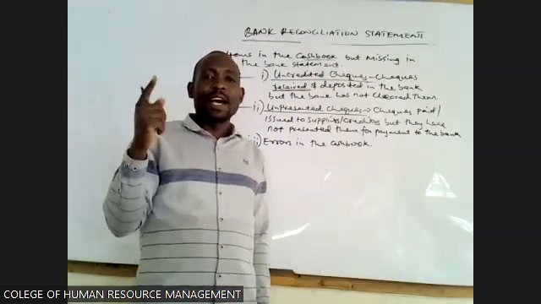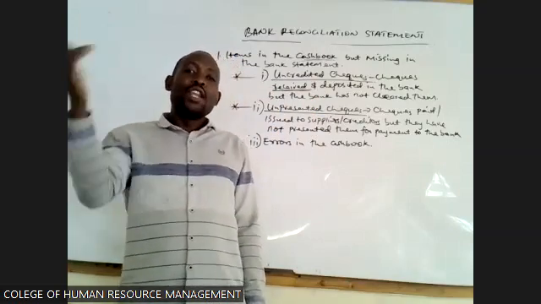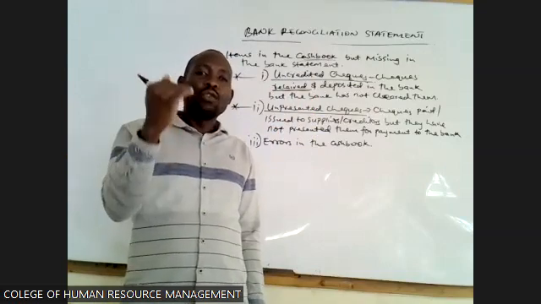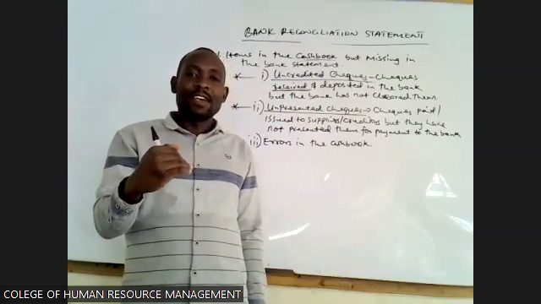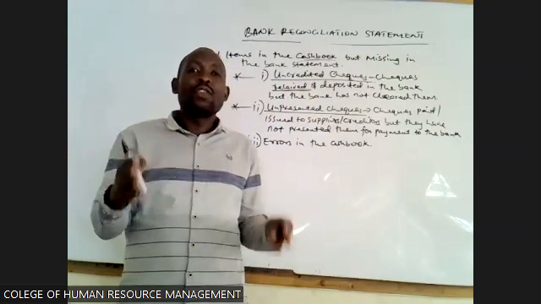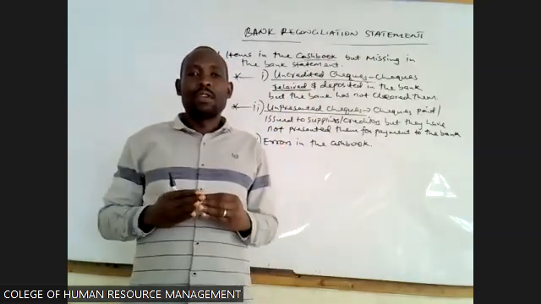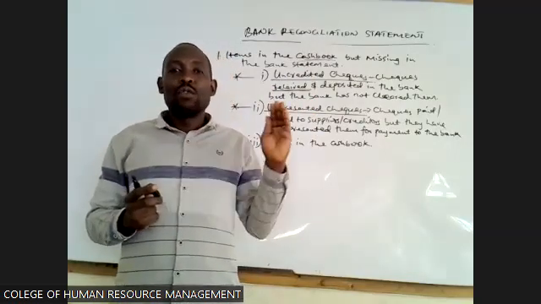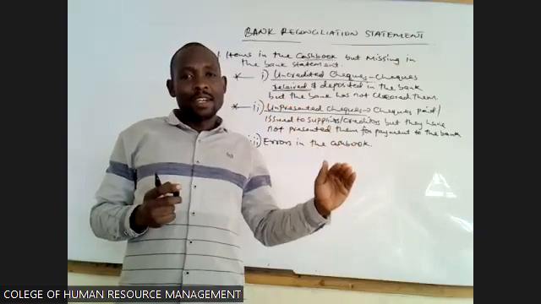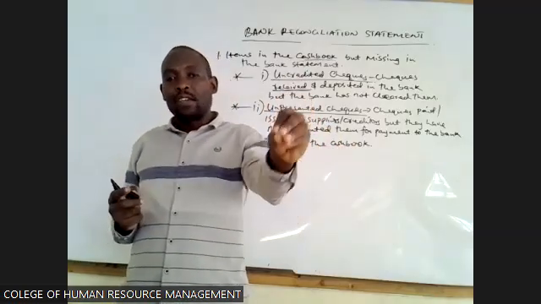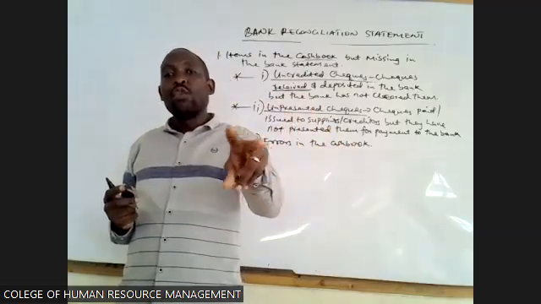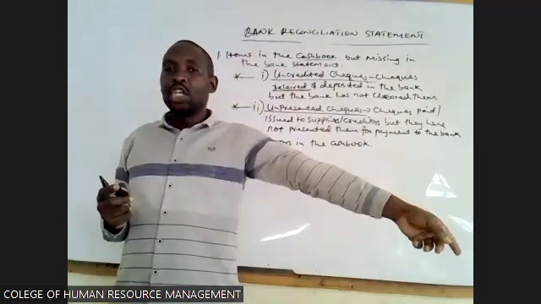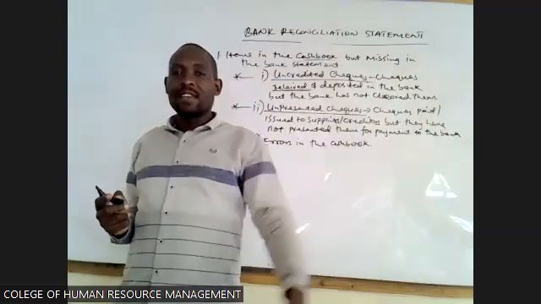Remember, updating the cash book simply means you include the items that are missing there. You cannot use the unpresented and uncredited checks to update the cash book because they are already in the cash book. So when you are updating, never make the mistake of using unpresented checks and uncredited checks to update your cash book, because you will be doing that twice.